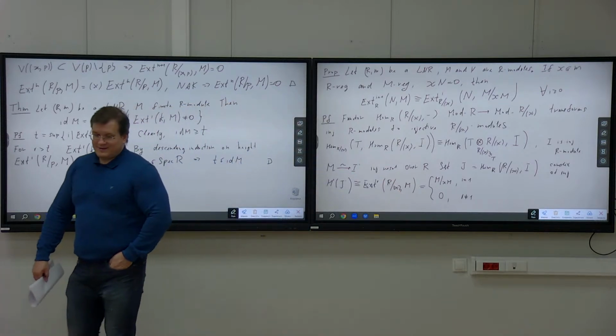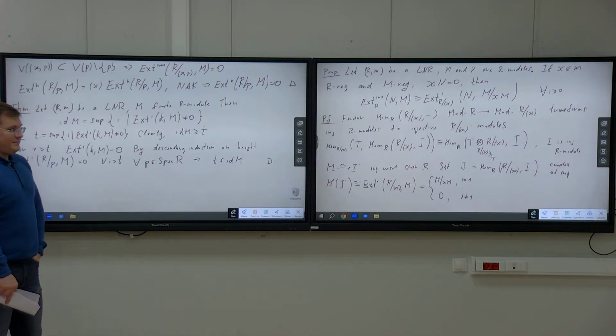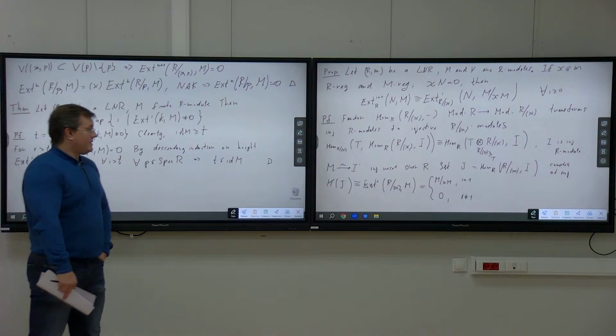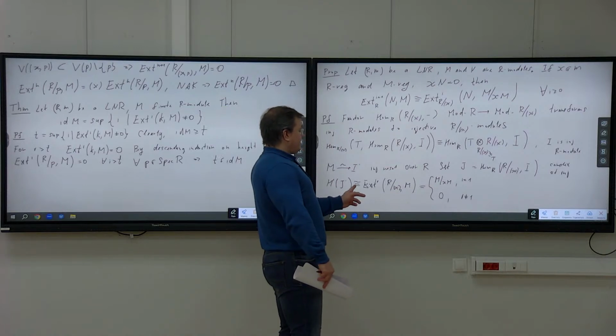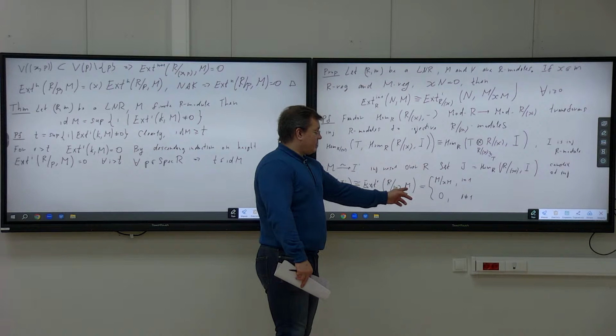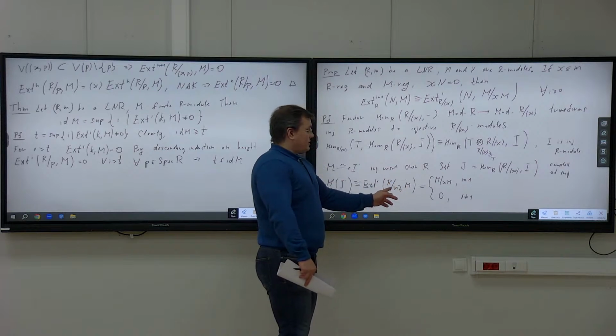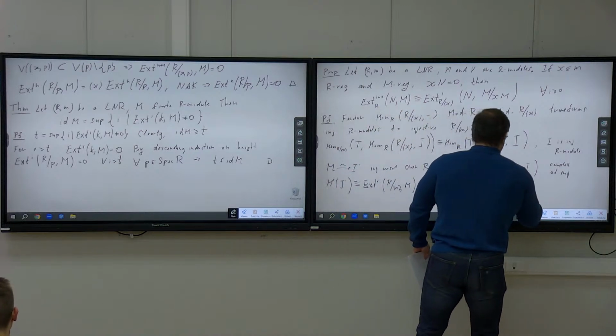You need to take a projective resolution of R modulo X. It's just R modulo X, and then just Hom it to M. So I can compute Ext. By computing this Ext with the injective resolution of M, I can just as well use the projective resolution of this module. And the projective resolution is quite simple.